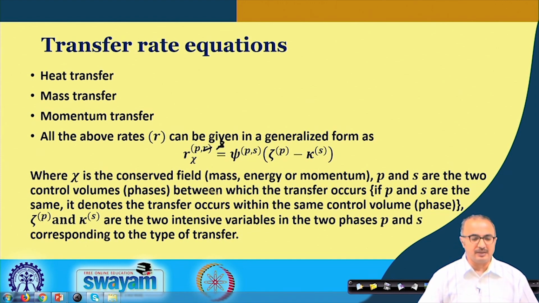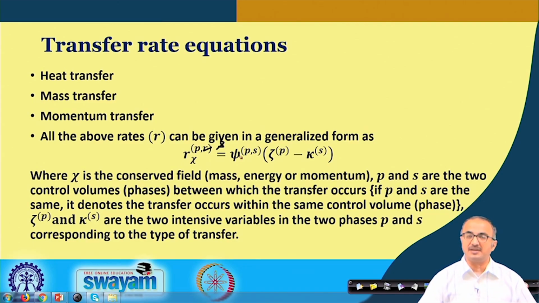Now P and S represent the two control volumes, and these two control volumes may represent two different phases. So the transfer may happen within one phase, or between two phases.